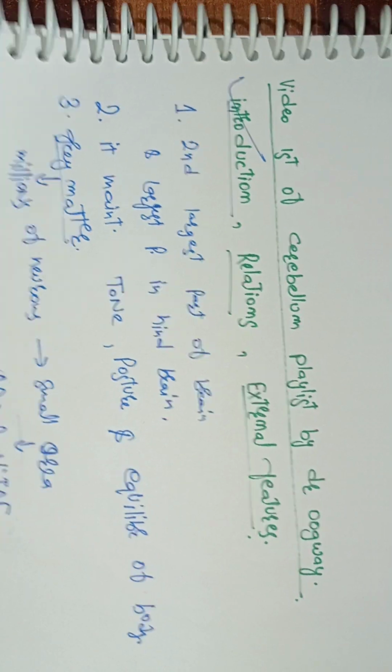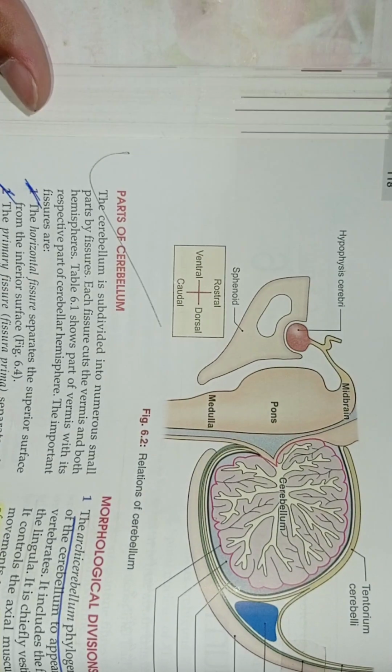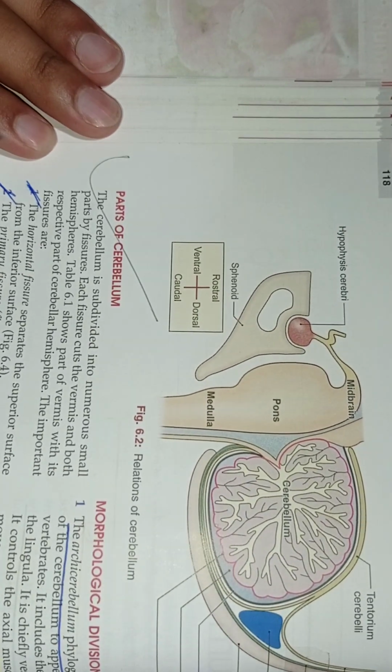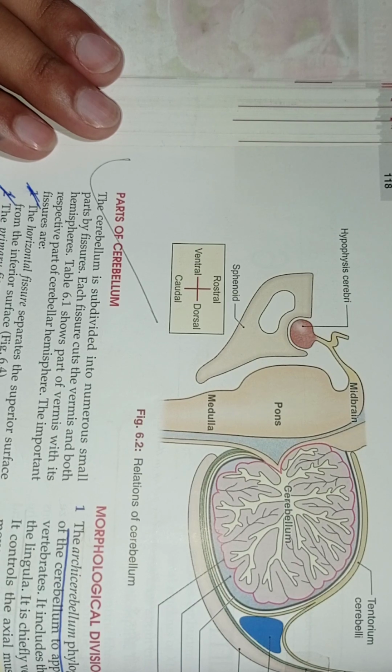Now we move on to the relations of cerebellum. To understand relations, we will look at the diagram in the BDC, that's figure 6.2, relations of the cerebellum. This diagram is very easy to draw. Let me teach you how to draw this diagram.